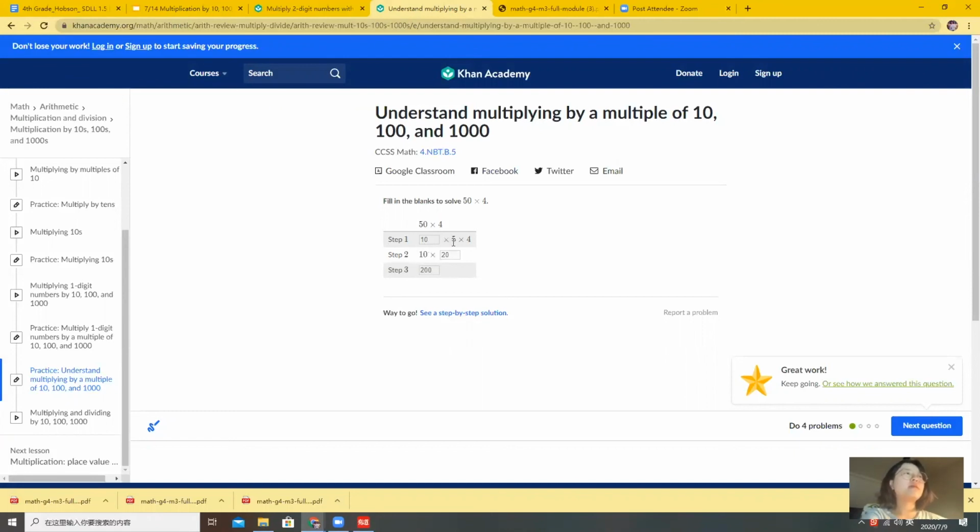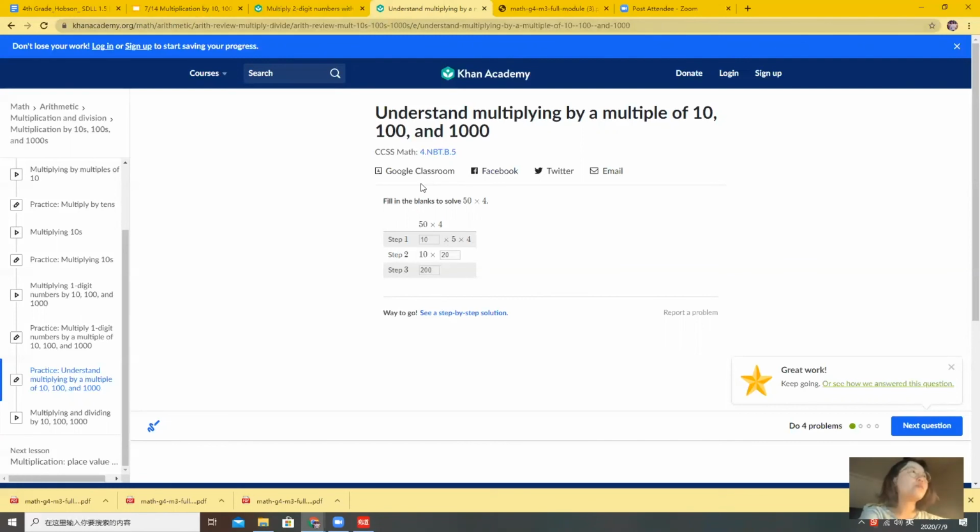That is 10 times 5 times 4, right? For the second step, 10 times which number will equal our first step, which is 5 times 4, which gives us 20? So 10 times 20. And the third step is what is 10 times 20? That is 200.